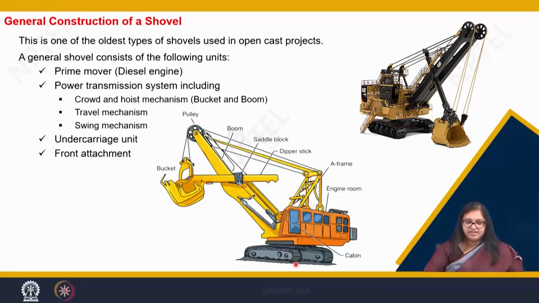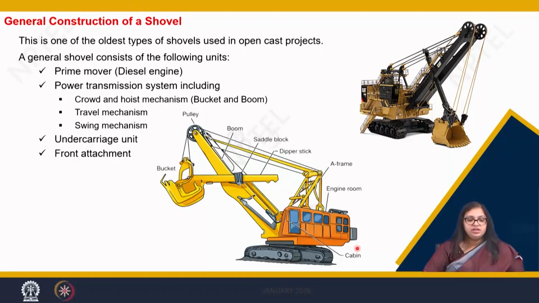It can stand at one place and rotate 360 degrees to have different operations. Generally, in mines you would find a shovel dumper combination, which is quite common. Multiple dump trucks come and stay beside the shovel, and the shovel does the digging action and then dumps it onto the dump trucks.